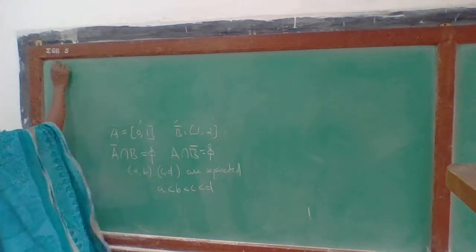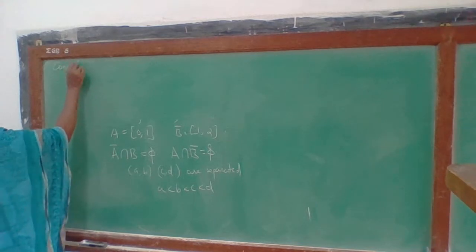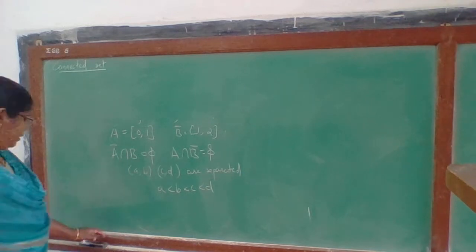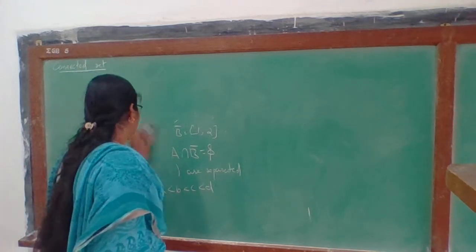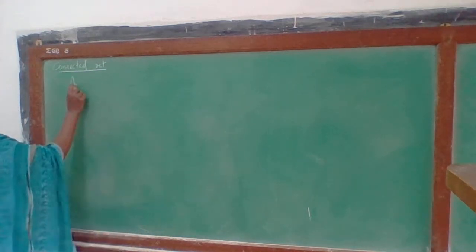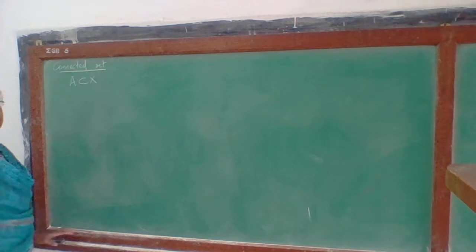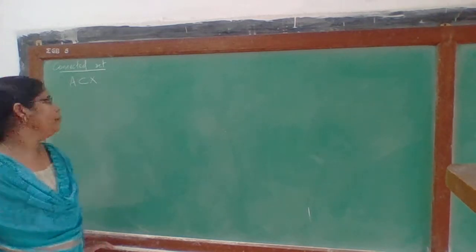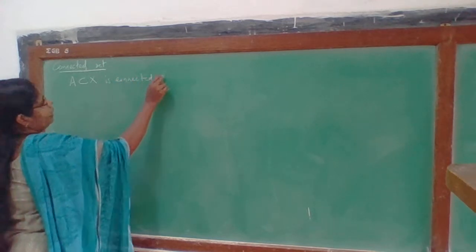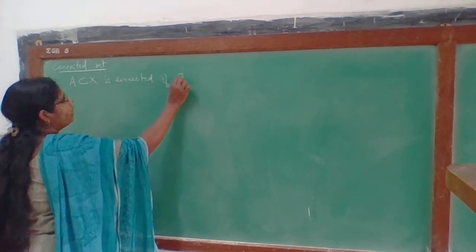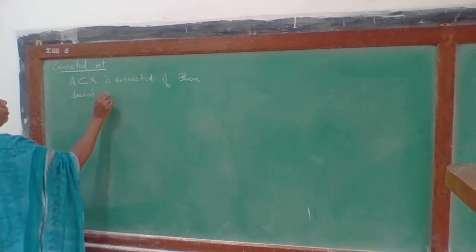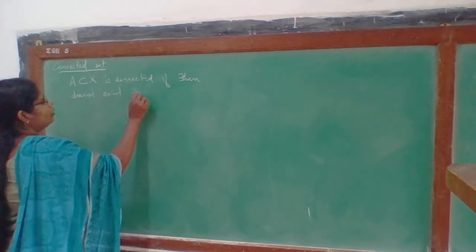Now we can define what is a connected set. The connectedness of sets is defined by using the definition of separated sets. So the definition is this: a subset A of a metric space X is said to be connected if there does not exist two subsets.